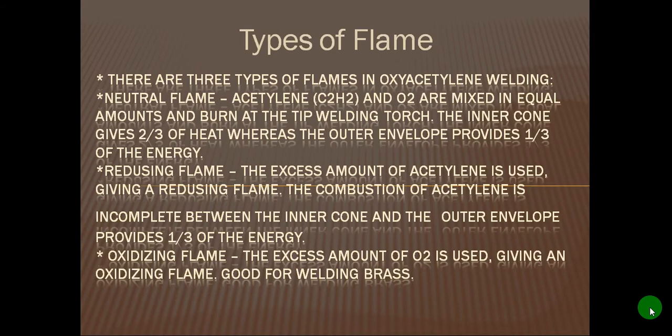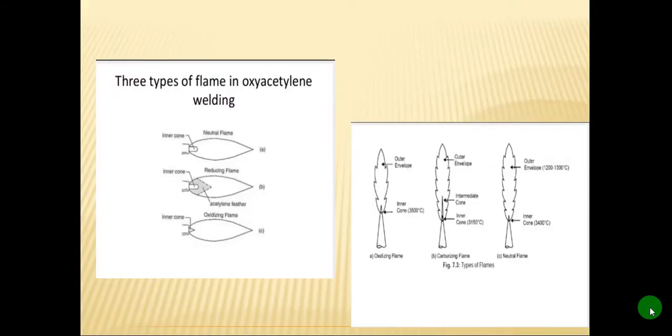The combustion of acetylene is incomplete between the inner cone and the outer envelope. Oxidizing flame: the excess amount of oxygen is used, giving an oxidizing flame, good for welding brass. On the picture, three types of flame in oxyacetylene welding.